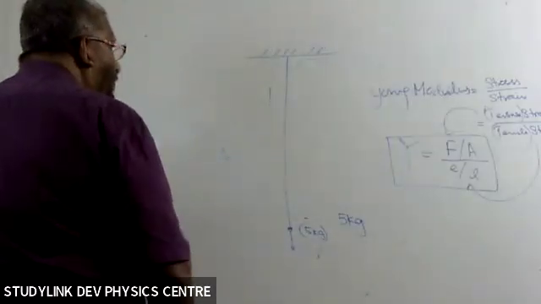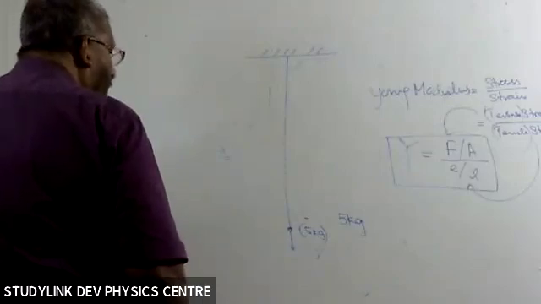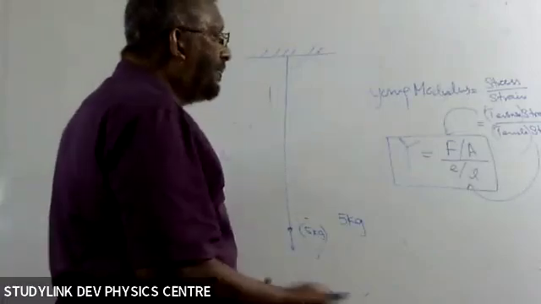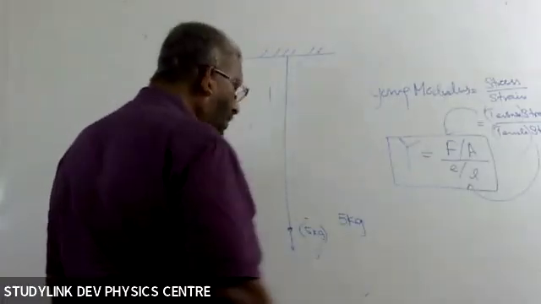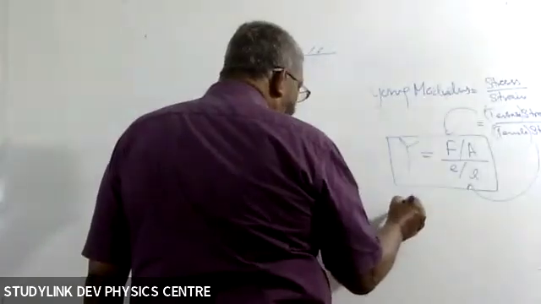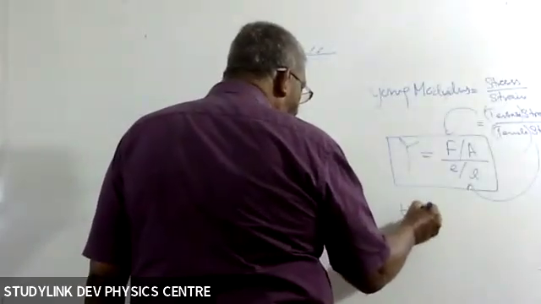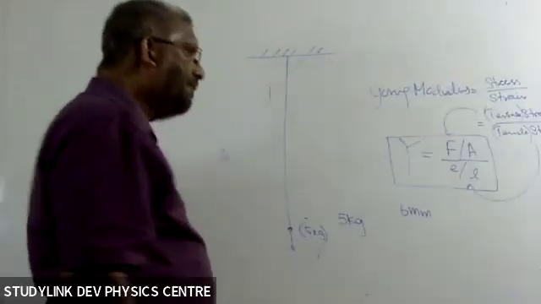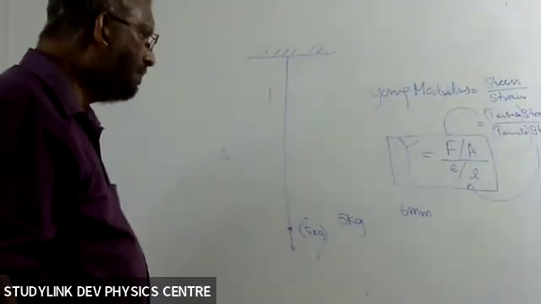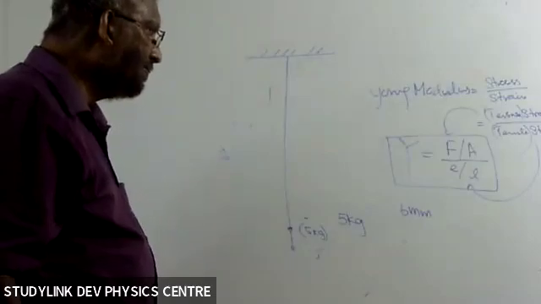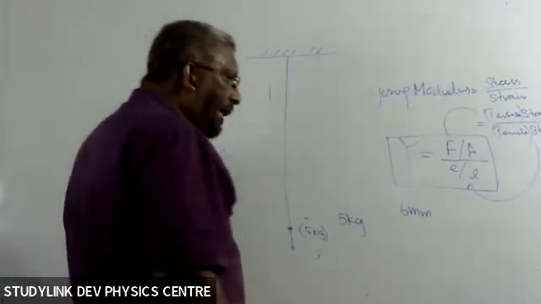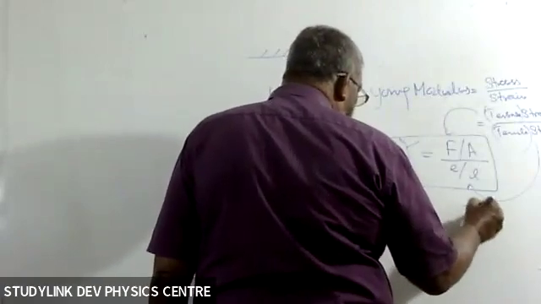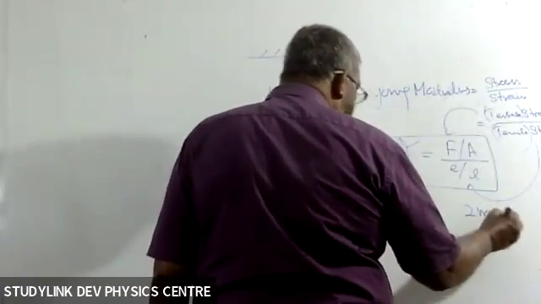Then an extension of 6 millimeters is observed. The radius of the wire is 2 millimeters.